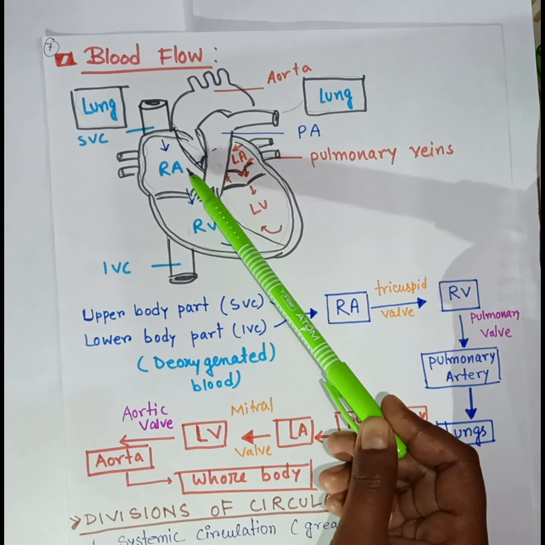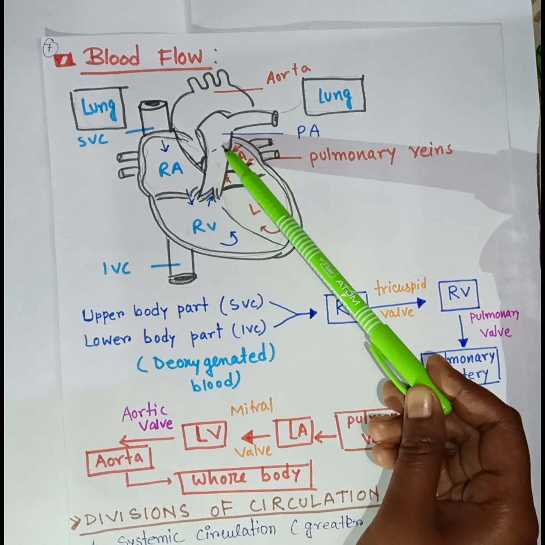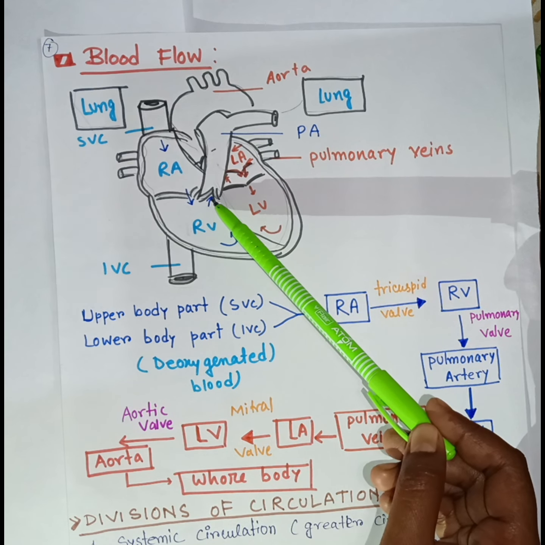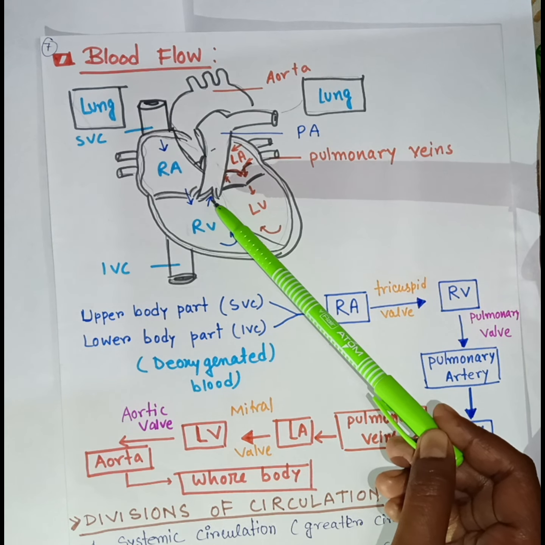Now this deoxygenated blood goes into the pulmonary artery through the pulmonary valve into the right lung and left lung, where deoxygenated blood gets oxygenated. Then this blood comes through the pulmonary veins.